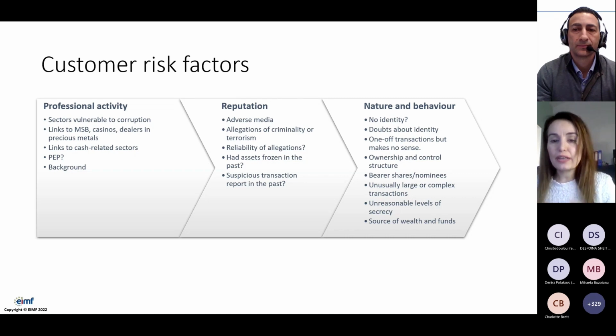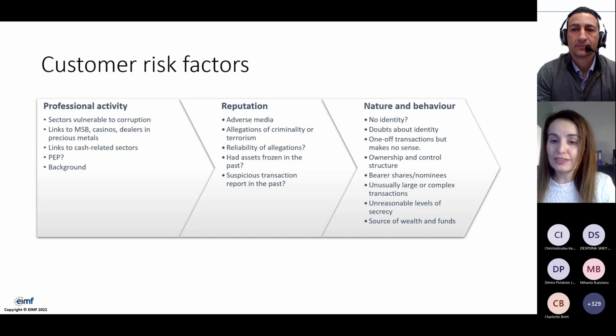These are all vulnerable sectors to corruption and increase significantly the risk scoring of the client, to the final decision whether we will treat the client as high risk or not. So also links to money service business, casinos, or dealers in precious metals.